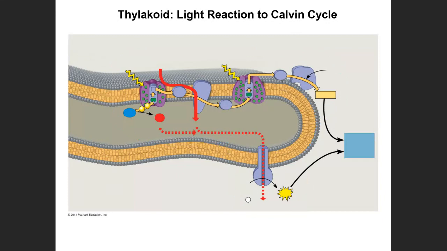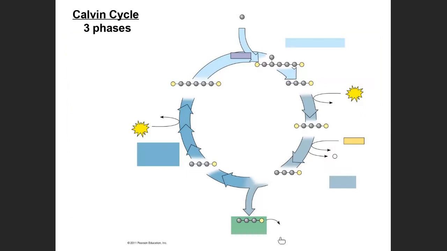If I circle everything here, I've just circled everything associated with the what? The Calvin cycle. Is this helping at all? It's tough when you're not keeping up with your studying, but is it helping at all? Okay. That was my main concern. And then this is just the Calvin cycle.